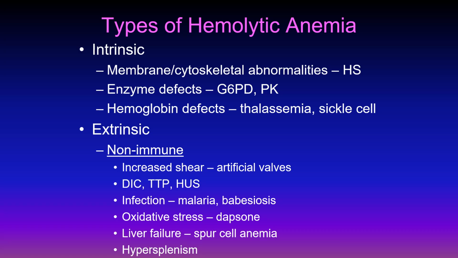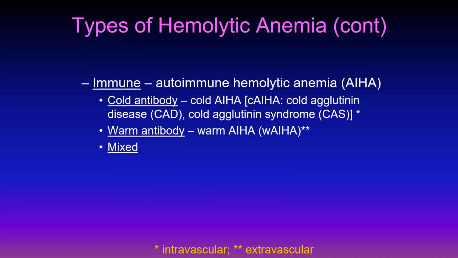There are patients who have big spleens and chew up red cells. These are all disorders I'll not talk about. We're going to focus on the tip of the iceberg, which are the immune disorders, called autoimmune hemolytic anemias, and they come in 2 general classes, one due to a cold antibody, which is called cold agglutinin disease or cold agglutinin syndrome, or a warm antibody called warm autoimmune hemolytic anemia.